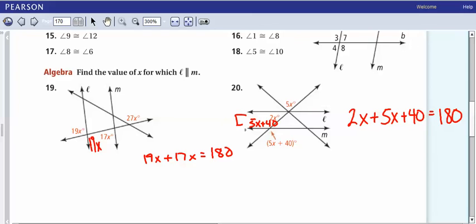Added together, they have to equal 180. Solve for x, and that's when L will be parallel to M. So the 5x plus 40 and 2x, they're same side here. Correct. Yes. Now, this 5x that's up here, that's just to mess your eyes up. Same with this 27x. You're not going to use it for anything.